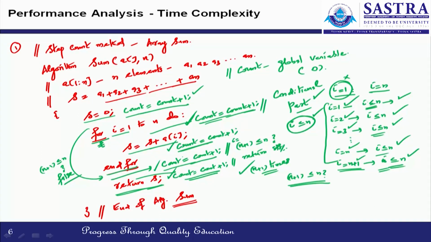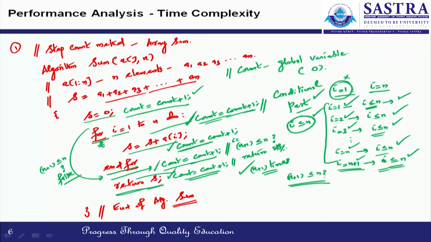Now, we need to find the final value of count, assuming the global variable count is set to 0. Understand? Count is set to 0 because count is a global variable. When the algorithm begins execution, we need to find what will be the final value of count.